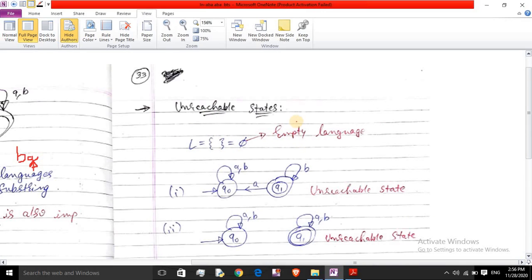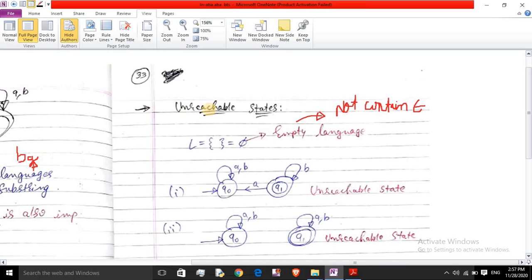I have already told you, an empty language does not contain even an empty string. It does not contain epsilon. This language does not contain even the empty string.